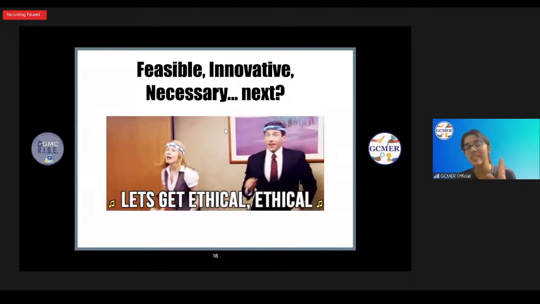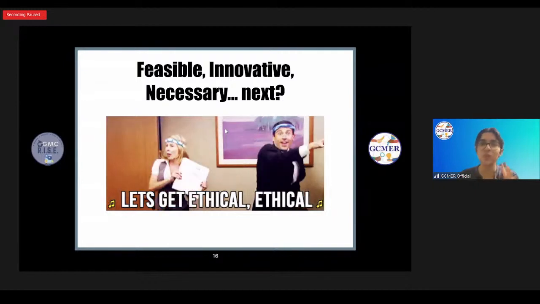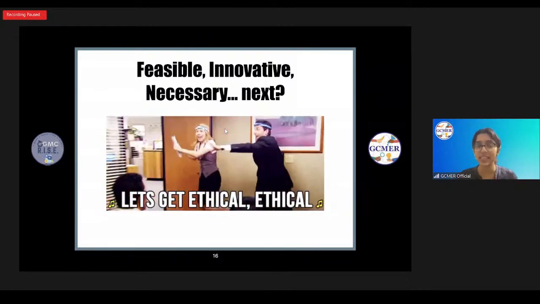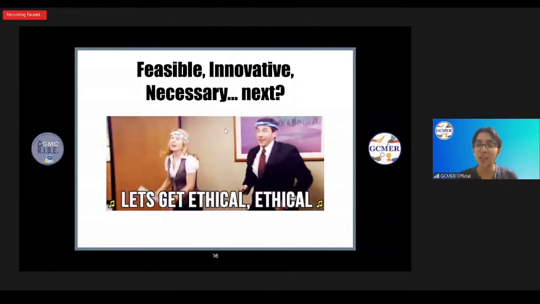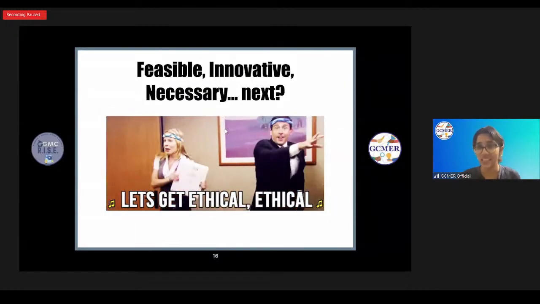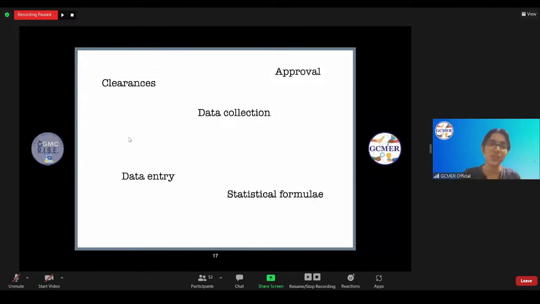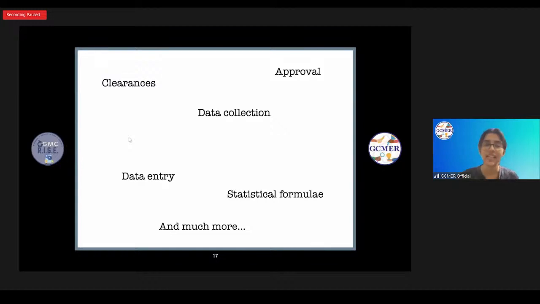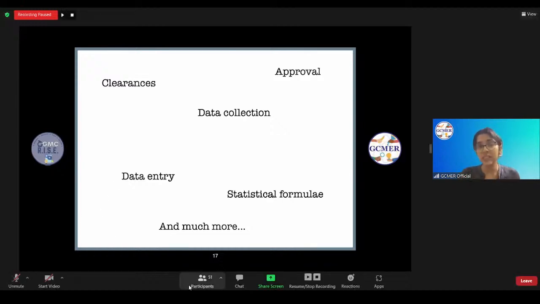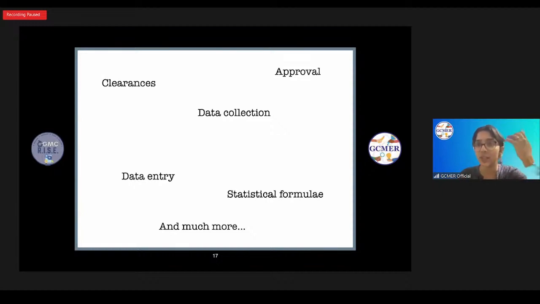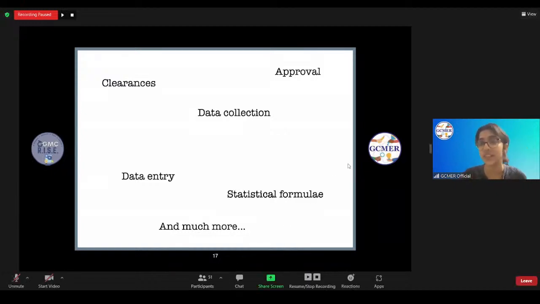But as I said, the E stands for 2 things. So if there are any guesses about what the second E is, and trust me, it's going to sound really bizarre that I even think that it's important, but it's very important that apart from these boring things like clearances and approval and data collection and data entry and statistical formulae and all of this, because all of this you are going to come across during your research, and you might be really excited about your research, but if you are not excited, then all of this is going to deter you, right?